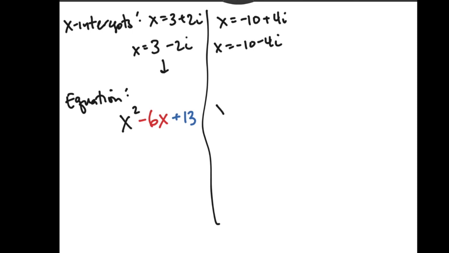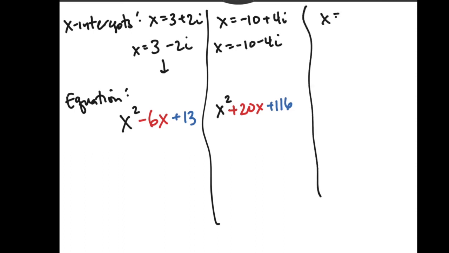And our answer here was x squared plus 20x plus 116. And our third one was x equals 7 minus 3i and 7 plus 3i. And our answer was x squared minus 14x plus 58.